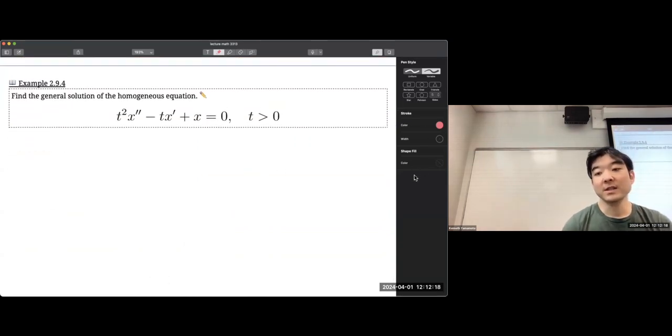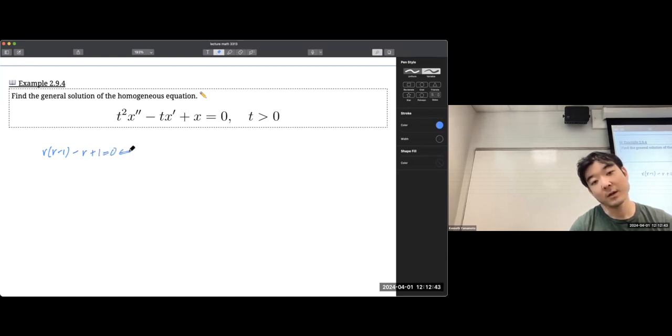Again, the initial equation is slightly different from our Euler equation. Say that we have our initial equation, where a is equal to 1 on this one. So it'd be r times r minus 1, minus r, plus 1, is equal to 0.